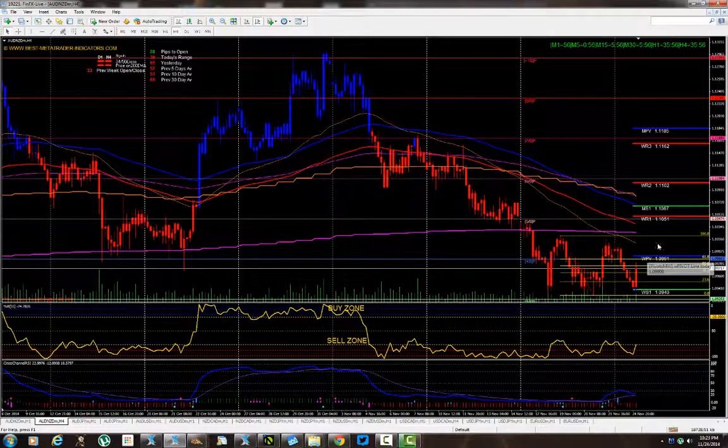So again, it's a little bit hard to see, but the 61.8 fib lines up perfectly with this midterm fib and with a weekly pivot. So we could see a move back down there.